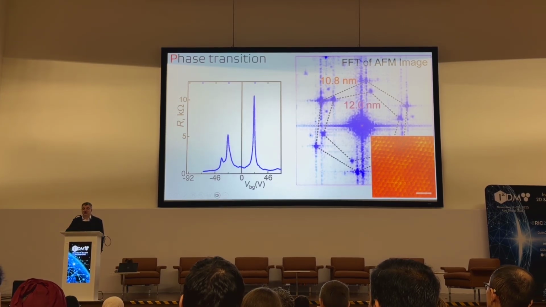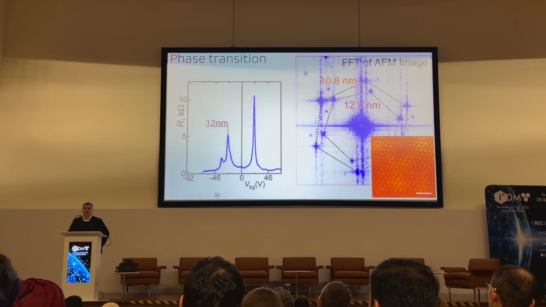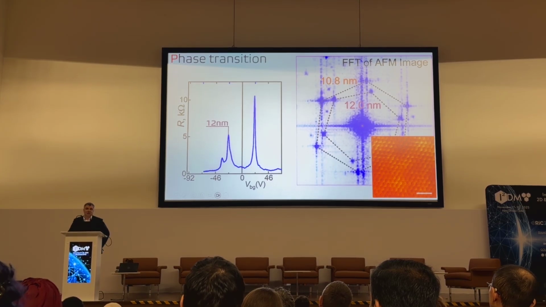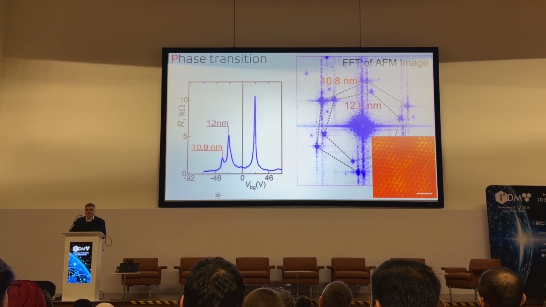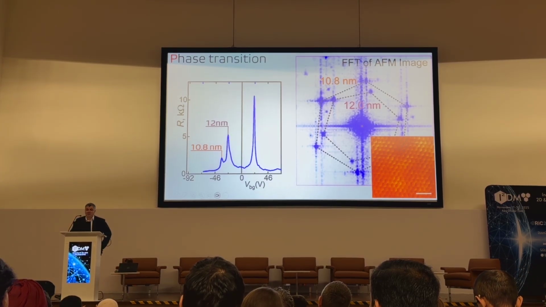You get an additional peak in the resistivity. In our case we have two peaks because they're slightly misaligned. So one corresponds to one Moiré pattern, one corresponds to another Moiré pattern.